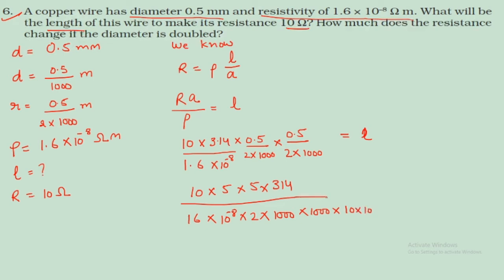We break down the points and here is 10 one more also. So 10 raised to the power is cancelled with this. So at last we solve it and get L equals to 122.66 meter. So this is the answer.